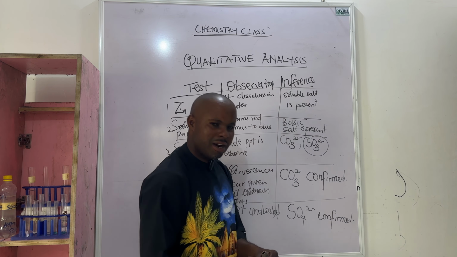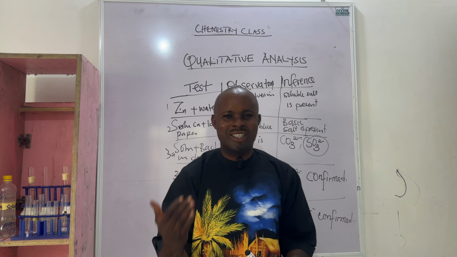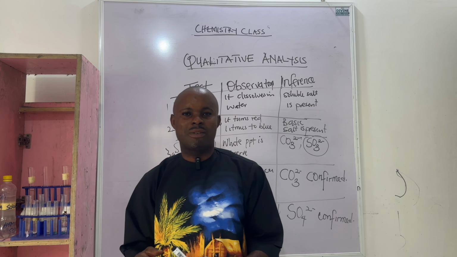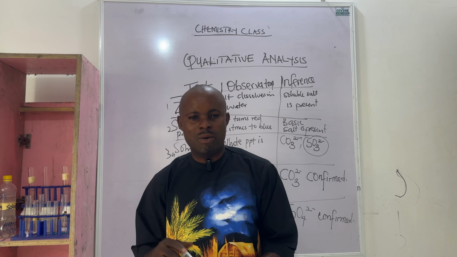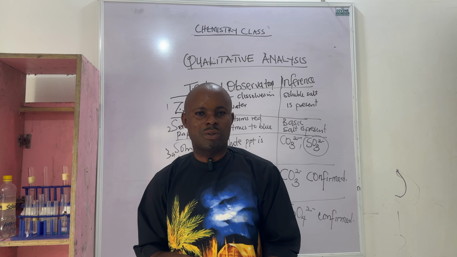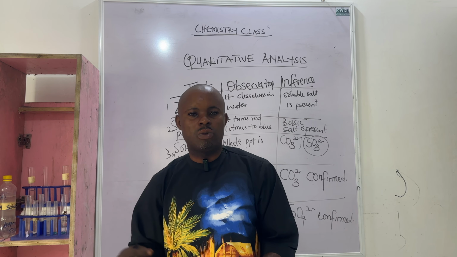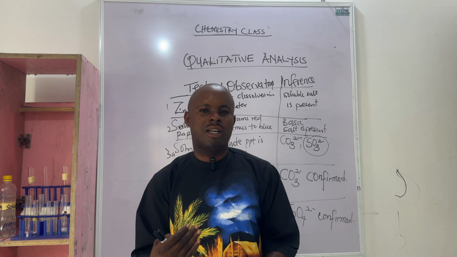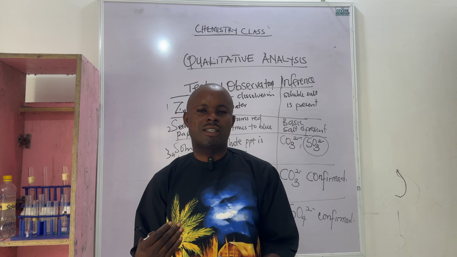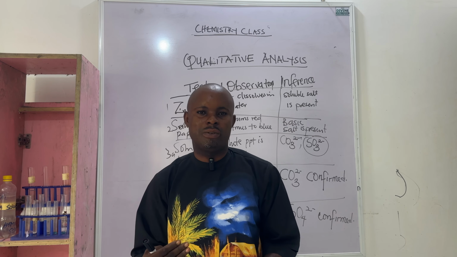So this is the primary stage of qualitative analysis. It's a very systematic process and an interesting aspect of chemistry. Please pay very good attention to this topic, and try all you can so that you know each of the steps and each of the confirmation tests for these ions.